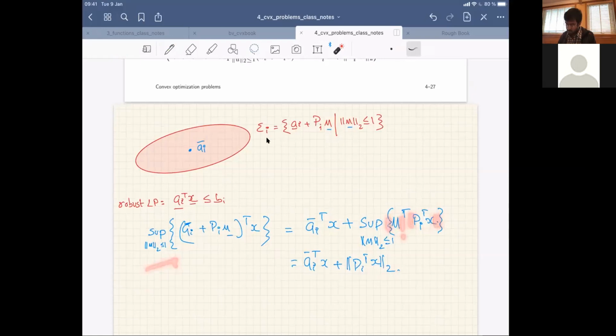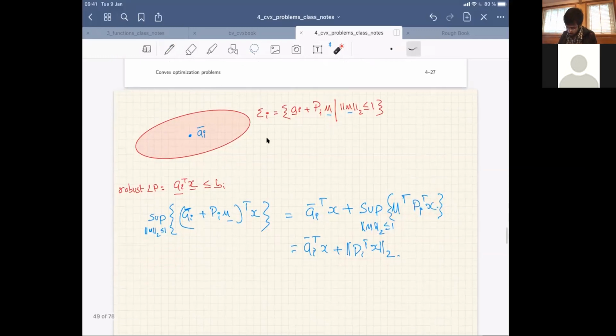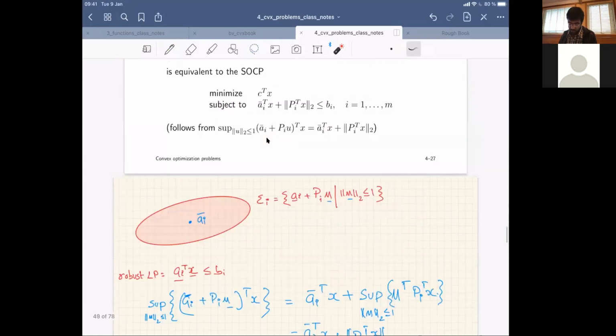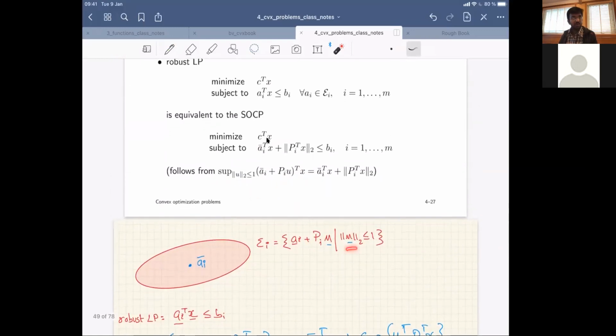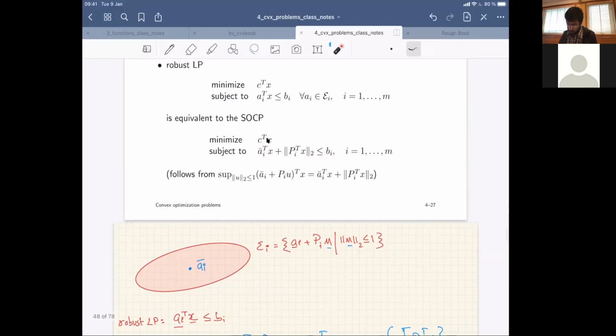So that means it will be just this norm. This we already saw in one example from last class. So now what I see is that the maximum variation is this. Okay, so now I just replace the constraint with the maximum variation and say that that is less than or equal to b. So if this is satisfied, then it will be satisfied for all other U's, right?